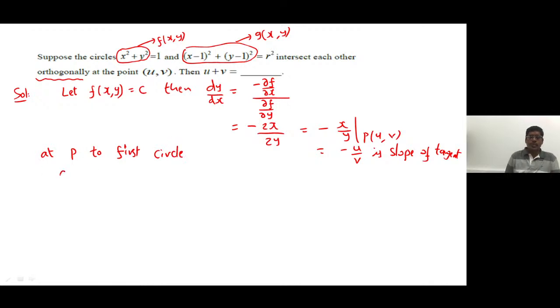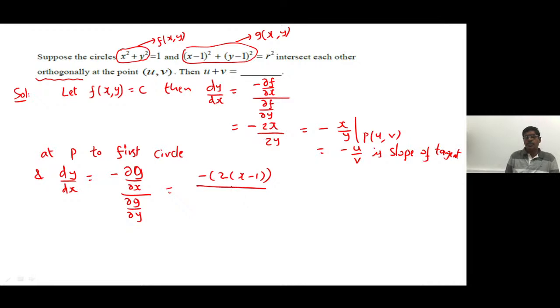Now again, dy by dx for the second circle, that is for the second function, I can also find the slope: dy by dx is minus dou g by dou x whole divided by dou g by dou y, partial derivatives. With respect to x, the derivative of x minus 1 whole square is 2 into x minus 1, and y minus 1 whole square is 0.